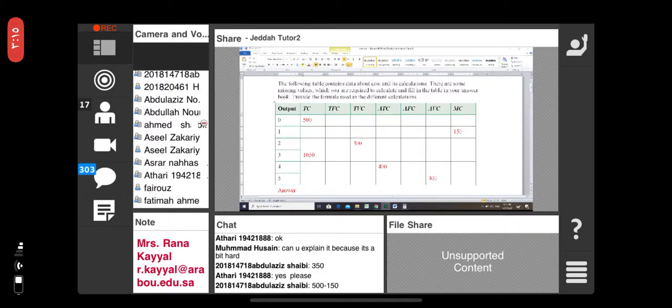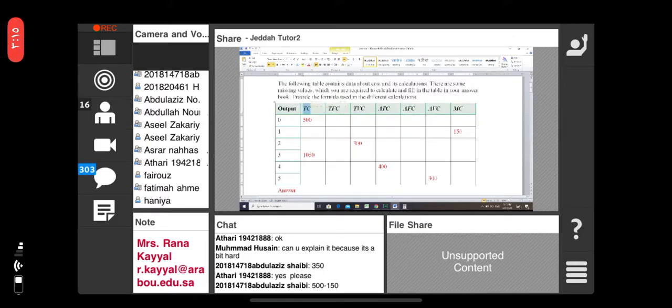The trick, Muhammad, is to start with the definitions. First of all, I'll just pass through all the definitions that we have, and then we will start solving it. I will tell you how to start solving it.